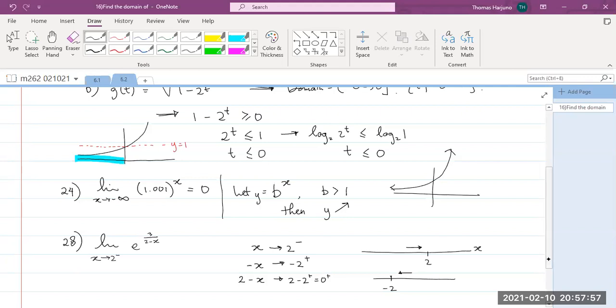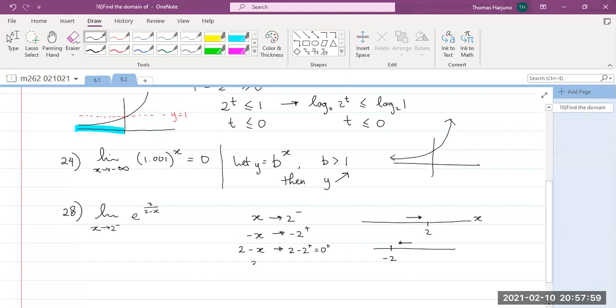Now then, 3 over 2 minus x will be approaching 3 over 0 positive. That's basically infinity. Now what is e to the infinity? That is infinity.